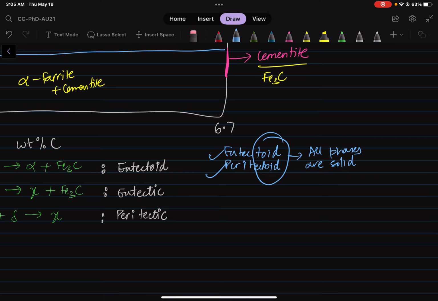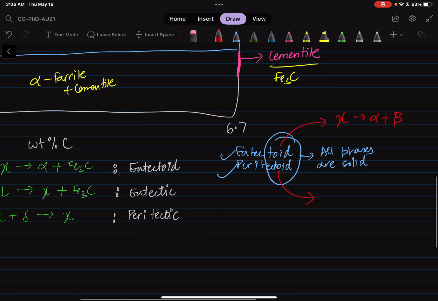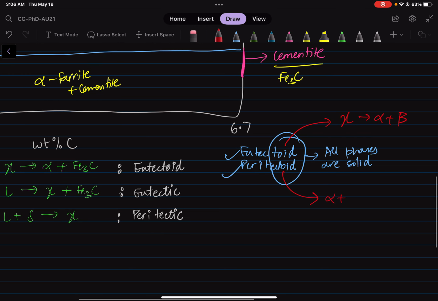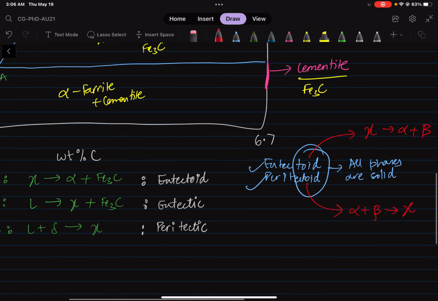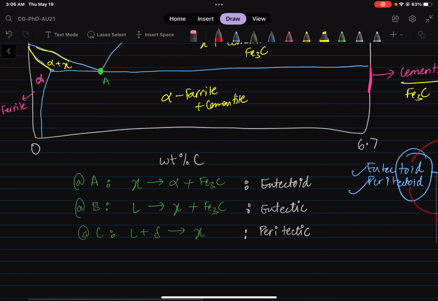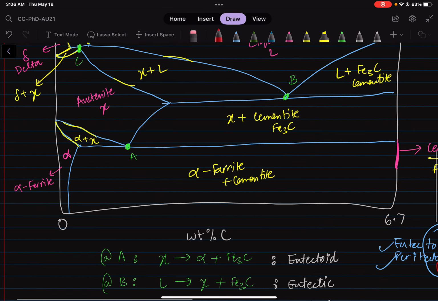So again, just to recall, a eutectoid is gamma transforming to two different solids. A peritectoid is two solids combining to form a gamma. So there is no liquid phase present anywhere in these two. So this is how you can remember, and this is how you can mark down the phases in the iron carbon phase diagram.